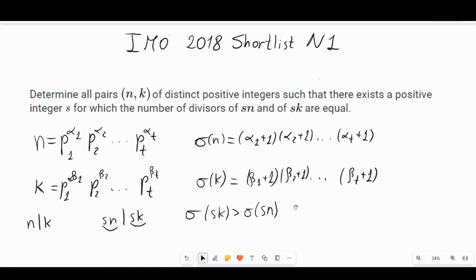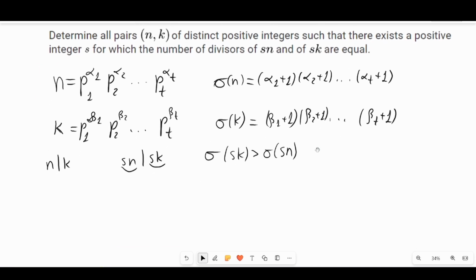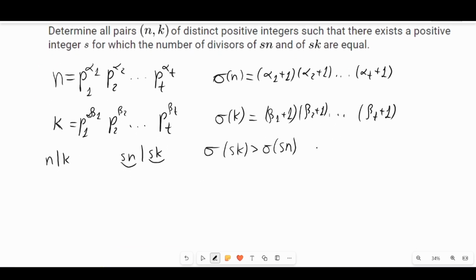And how can we construct this s? At first, notice that if we are given two numbers like p_y to the alpha y divides n and p_y to the beta y divides k, and if alpha y equals beta y, nothing will change if we take s to be a multiple of p_y.